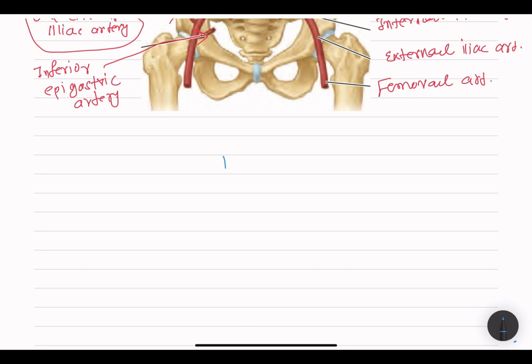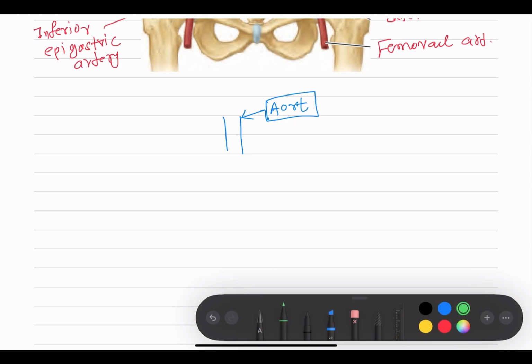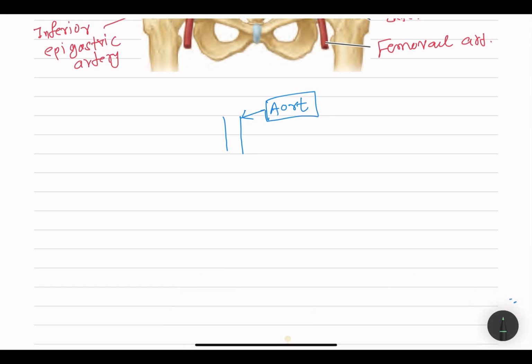So first, this is our aorta. I'll show you the picture later, so it will be easy to understand. This is our main branch, the main blood supply for our pancreas, and from here the other branches come. It's very important to know. This is the aorta, and this is the celiac trunk coming from the aorta.